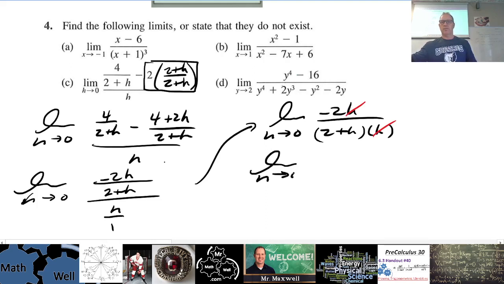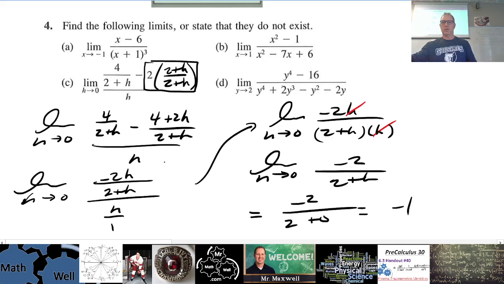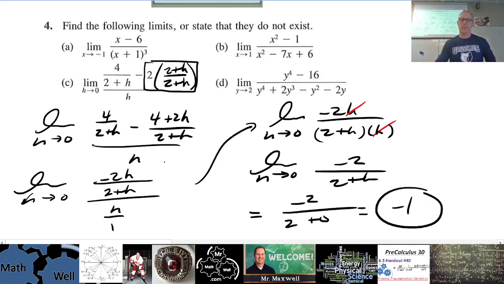Then you have negative 2 over 2 plus h, which now you can just substitute 0 in for h. 2 plus 0 is 2, so negative 2 over 2 is negative 1. For C, negative 1. Okay, questions?